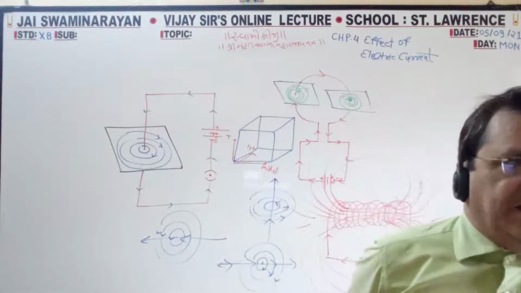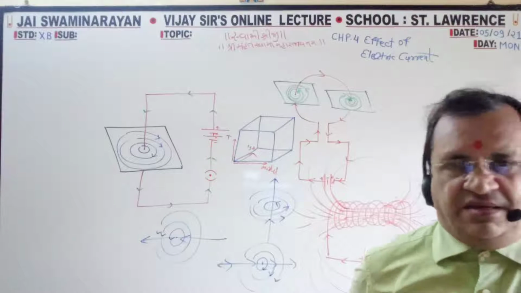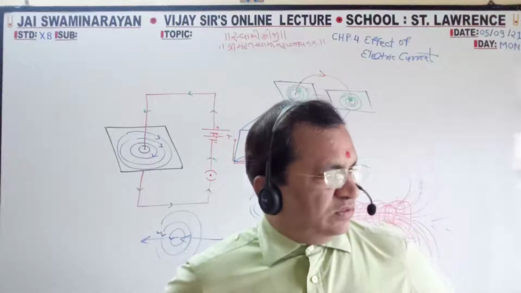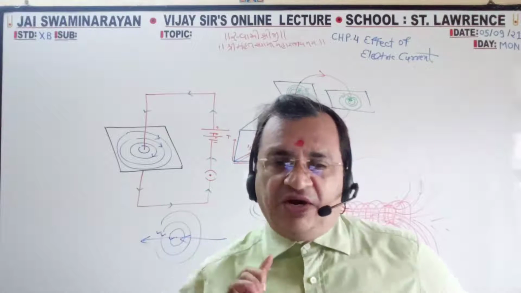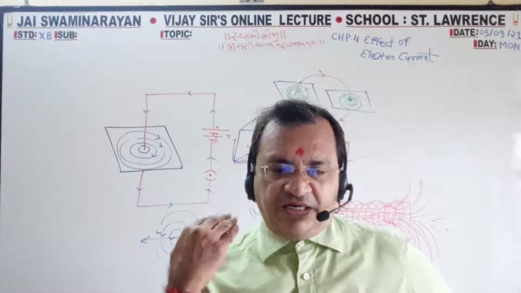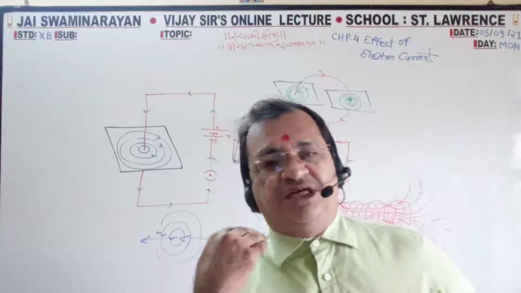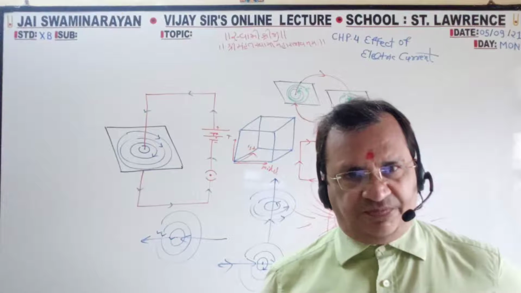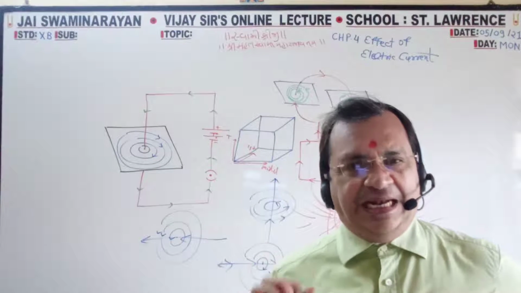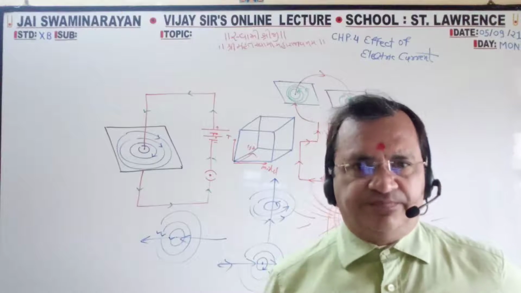This we use in a motor generally, where we have to supply the electric current and convert electrical energy into mechanical energy. So at that time we use the left hand Fleming rule.